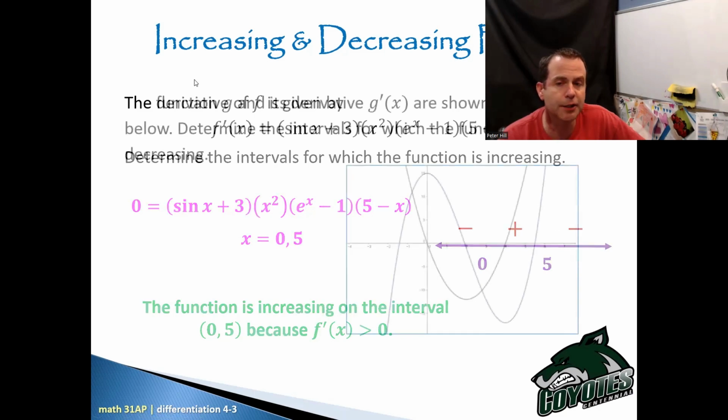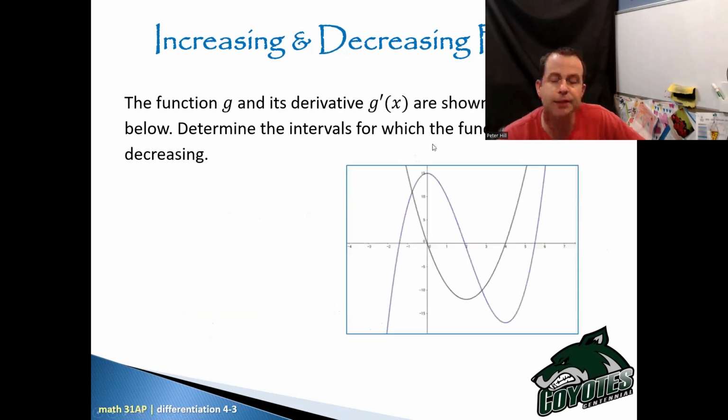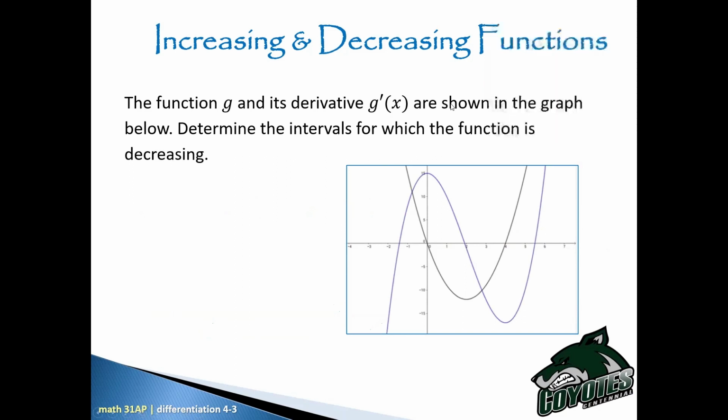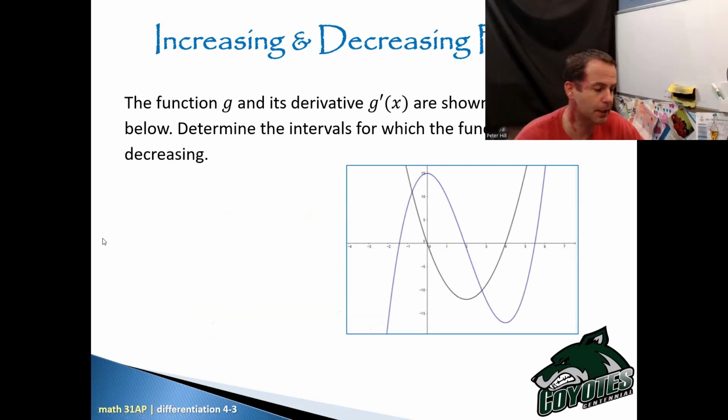Awesome. Okay, the function g and its derivative are shown in the graph below. Determine the intervals for which the function is decreasing. Now, again, I'll just hide myself for 1 second, and that way you can all get a picture of the question. Now, if we're looking for the function to decrease, we know that the derivative has to be negative.